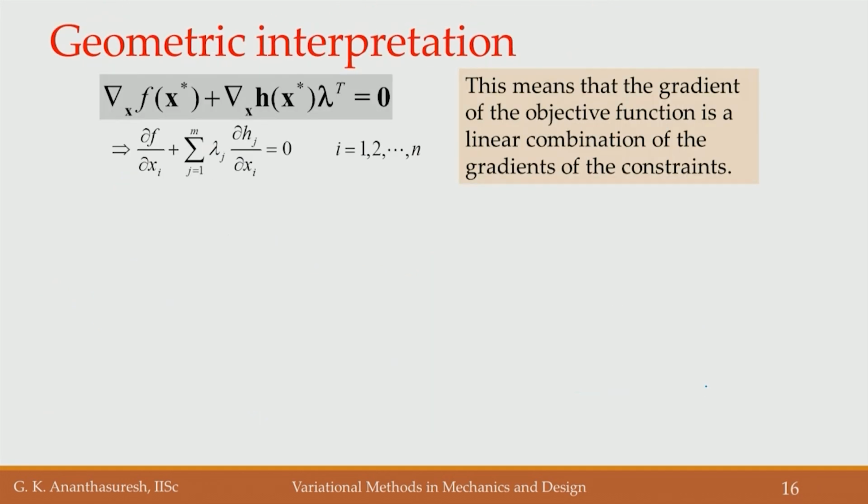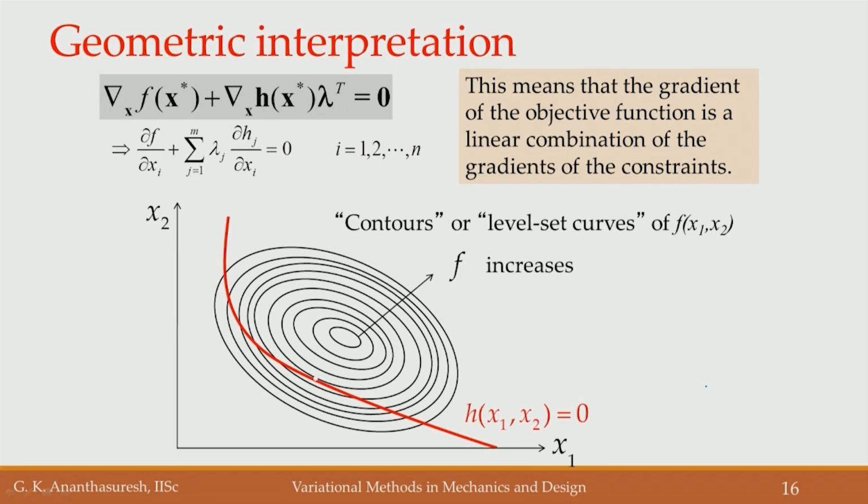Here also, if you think of a geometric interpretation, let us take the same problem, but instead of having only one equality constraint shown here, let us say there is another equality constraint, something like that. Over there, what happens is with the gradients. Let us call this H1 and that H2.